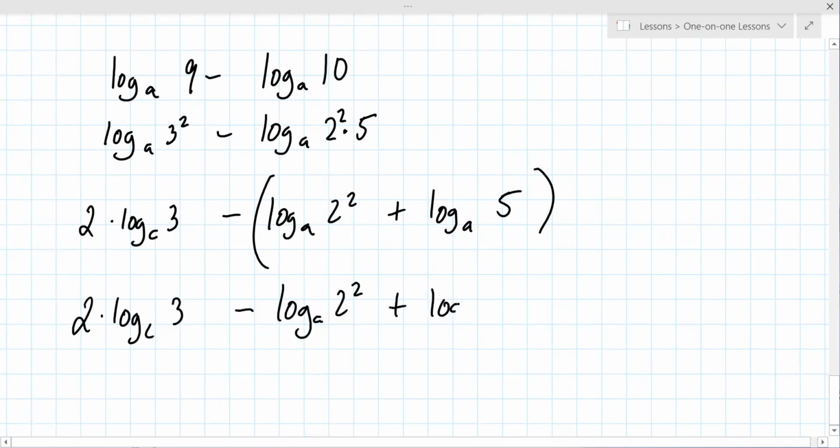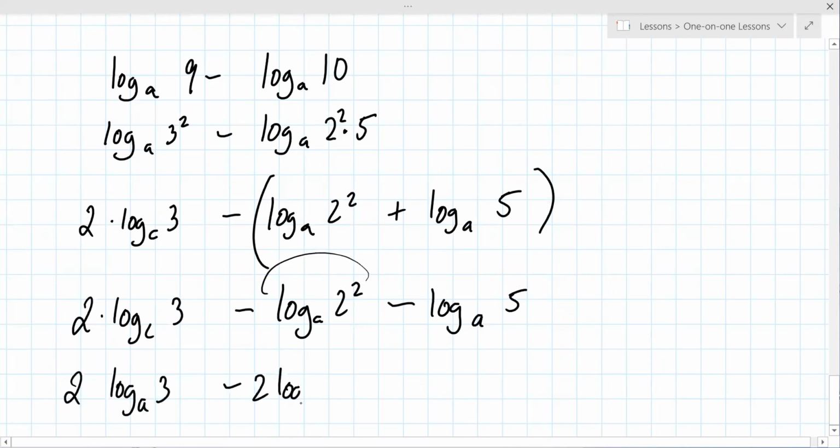Oh yeah, I just did that from being careless here. So let me get that deleted. Okay, minus log base a of 5.